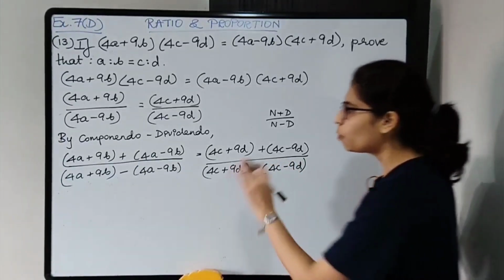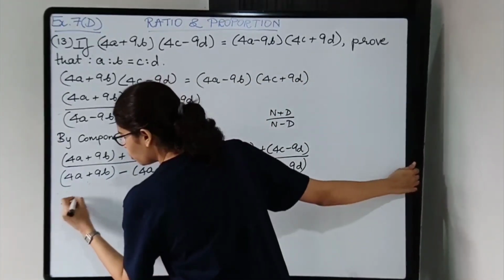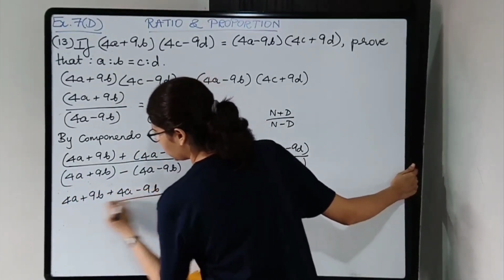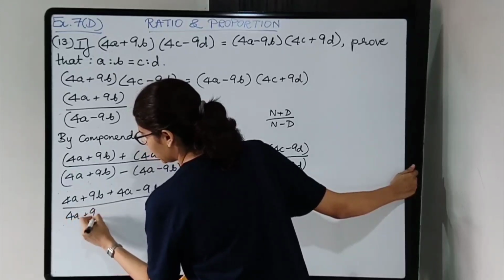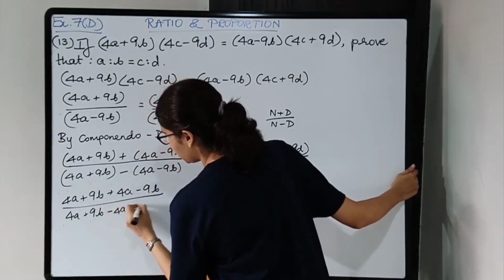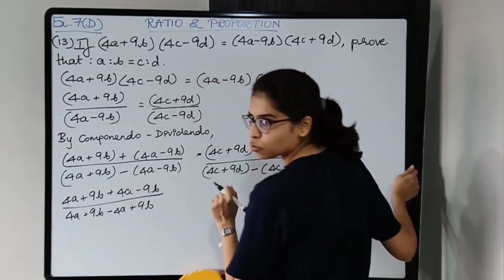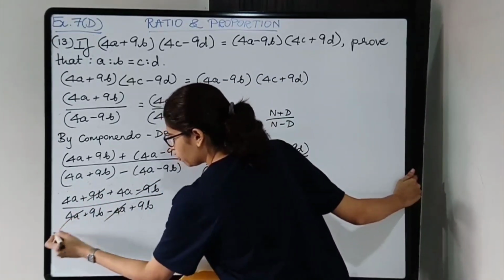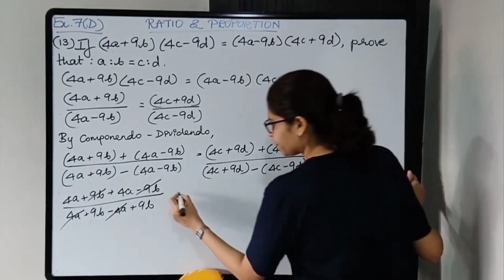Opening the brackets now, 4a plus 9b plus 4a minus 9b upon 4a plus 9b minus 4a plus 9b. The signs will change over here. 9b cancels, 4a cancels.